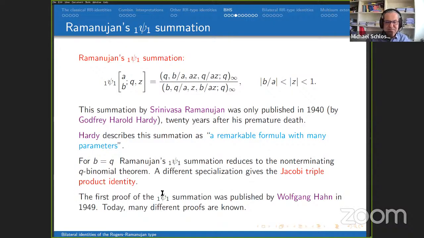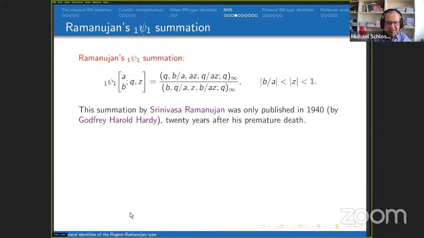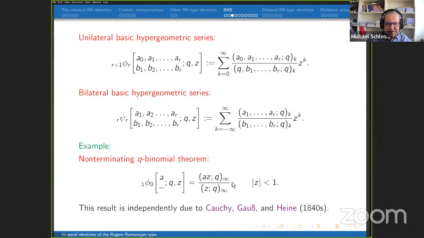The first known proof was only given by Wolfgang Hahn in 1949 using functional equations. Now many proofs are known, and it's well studied. So you see that there's this identity, and it's possible to bilateralize it, to find something more general.